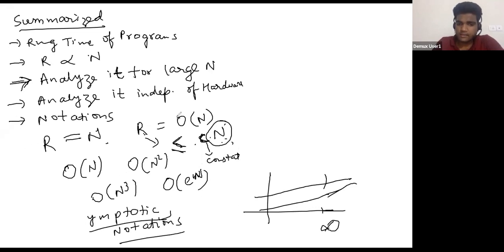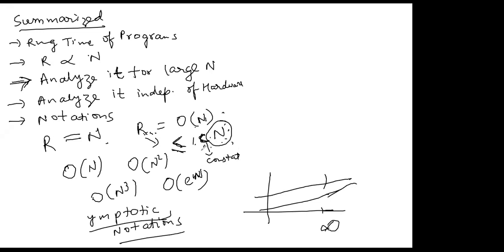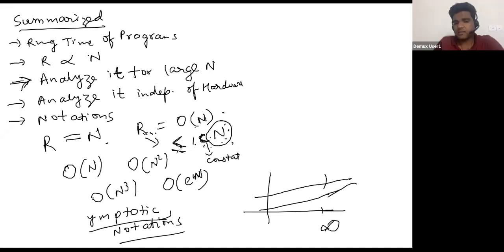The point is that it's just a notation to say that the upper bound is n, meaning the running time is always upper bounded by some constant multiplied by n.